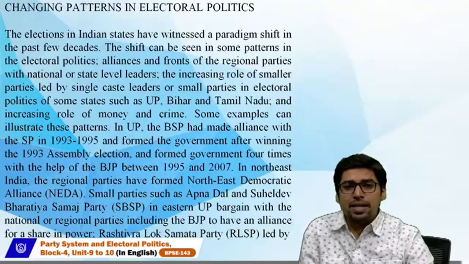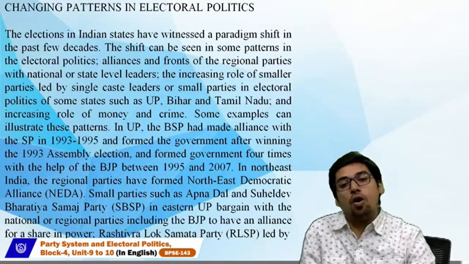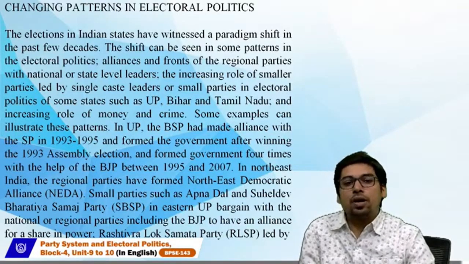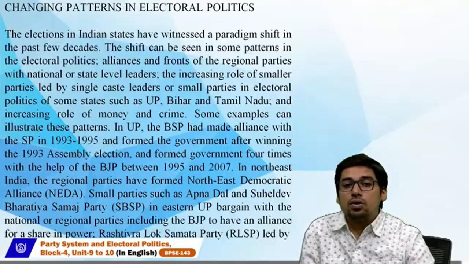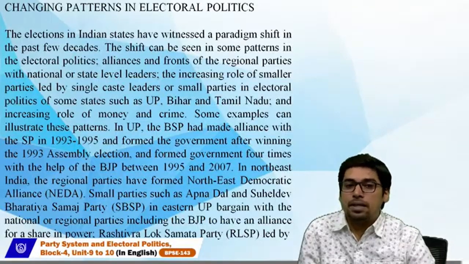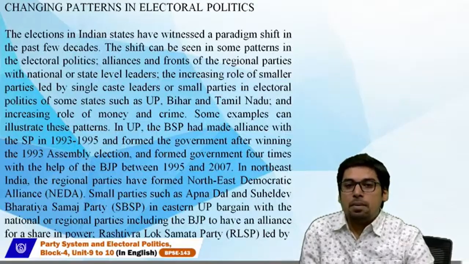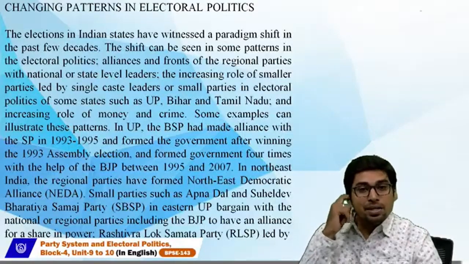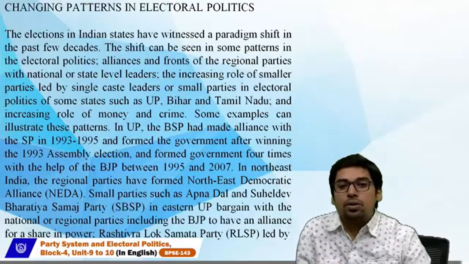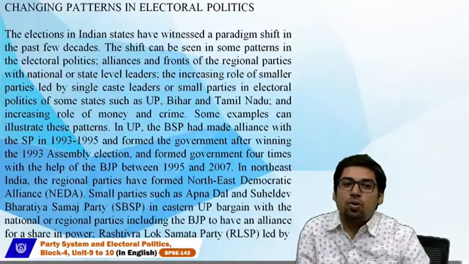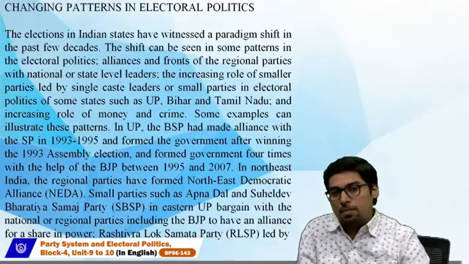In Northeast India, regional parties have formed the Northeast Democratic Alliance. Small parties such as Apna Dal and Suheldev Bhujan Samaj Party in eastern Uttar Pradesh bargain with national or regional parties in elections, including the BJP, to have an alliance for a share in power.